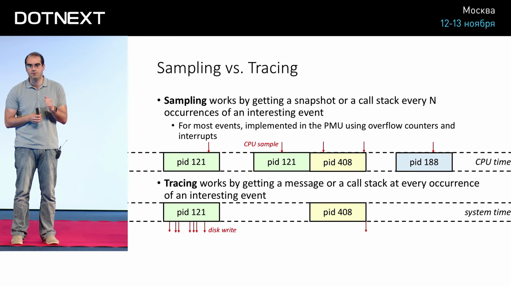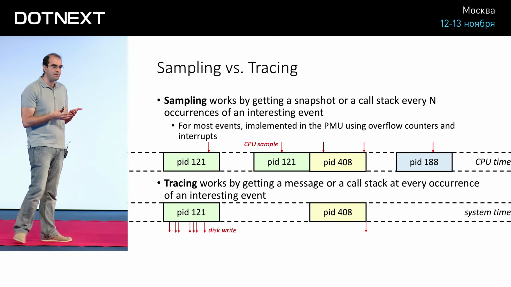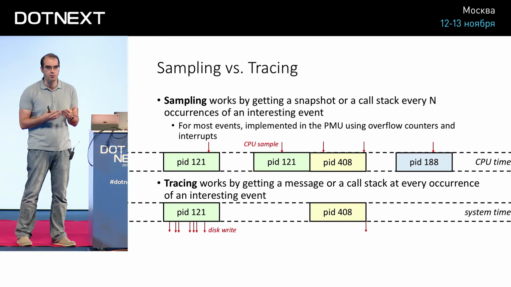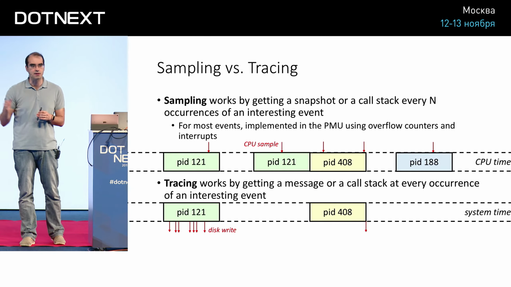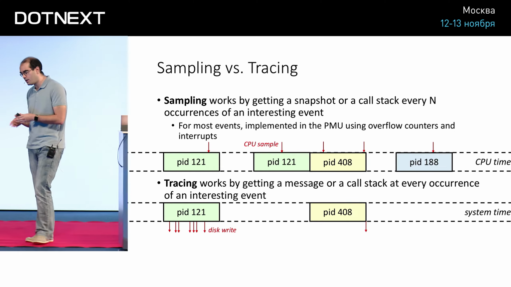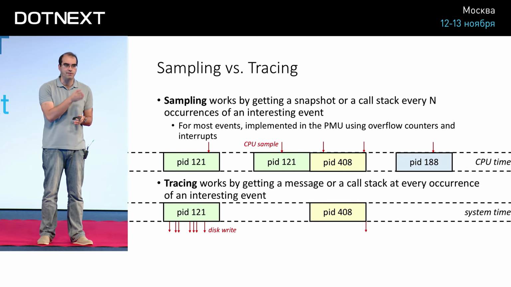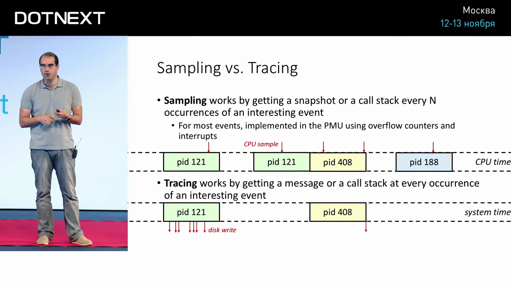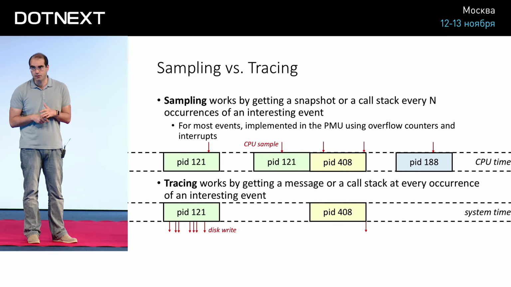Looking at the system every 10 milliseconds and seeing what's happening. We use sampling for really high-frequency events, where we can't record every single event, so we have to use some sort of statistical sampling. And tracing, when I'm going to say tracing in this presentation, I mean actually recording every single event, recording every occurrence of the event, and then analyzing it later or processing it in real time.